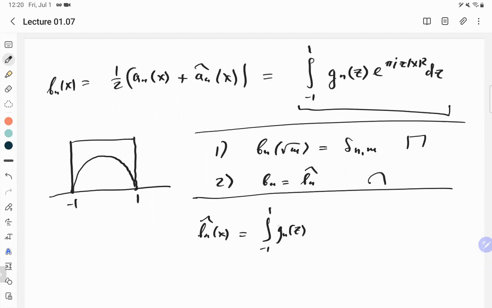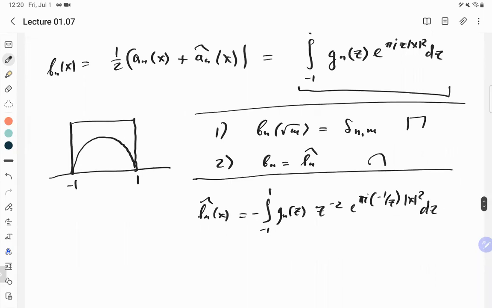That would be minus tau to the power -2 e to the pi i minus 1 over tau squared, where tau is, it's probably, z. And then you change variable, so z goes to -1 over z, and so this thing is equal to the integral from -1 to 1, maybe up to sign errors.